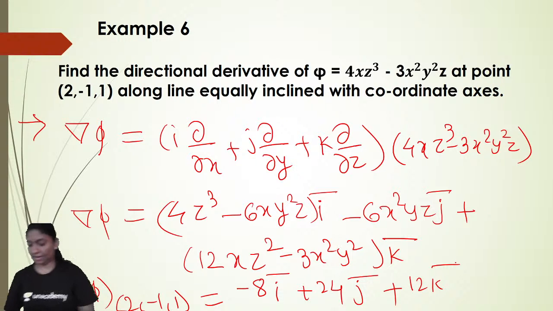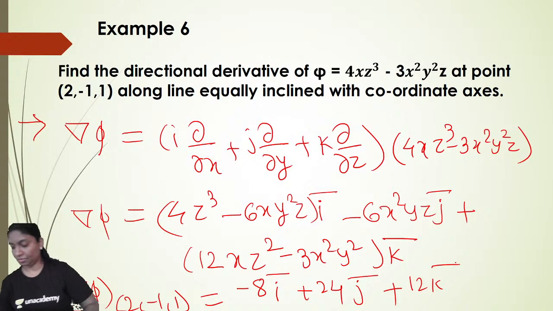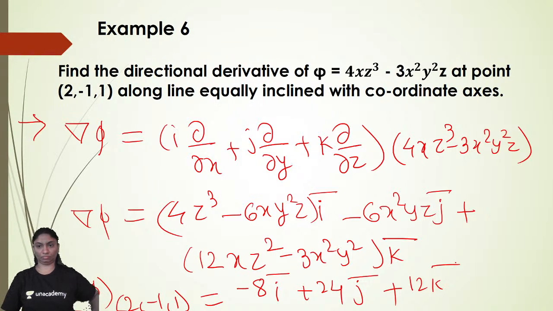So del phi at (2, -1, 1) is equal to minus 8 i bar plus 24 j bar plus 12 k bar.